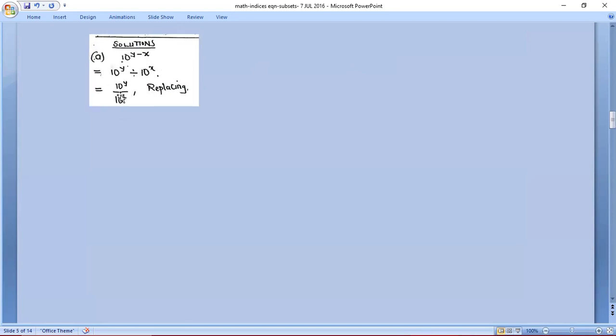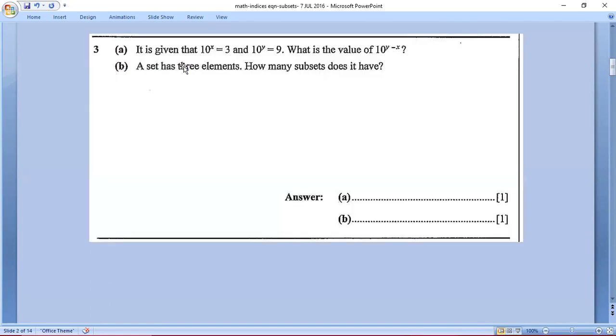You can express this as 10 to the power y over 10 to the power x. I think this format is easier for us to understand in terms of division. Then you replace these by the values. Remember that 10 to the power x was 3 and 10 to the power y was 9.